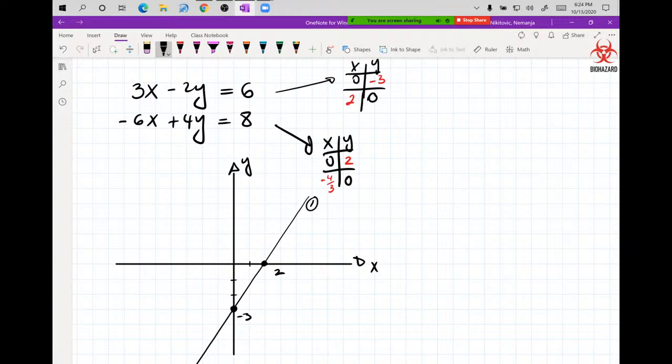Line 2 is y equals to 2, and then a -1 and 1/3. So -4/3 is -1 and 1/3. So that means between -1 and -2, you split this into 3 even parts, and then you draw the line.